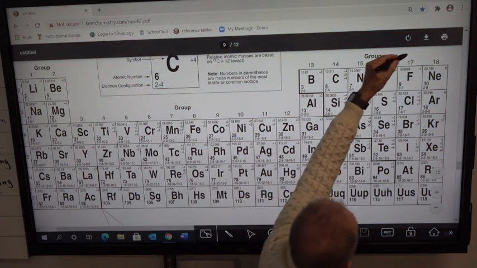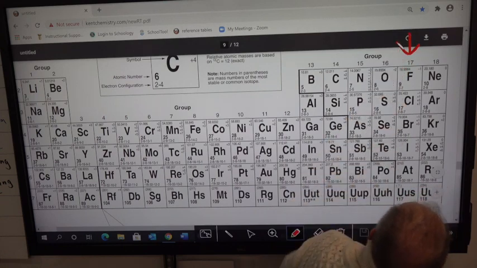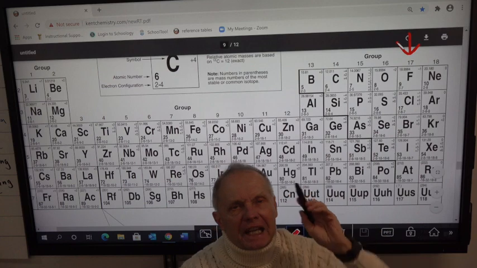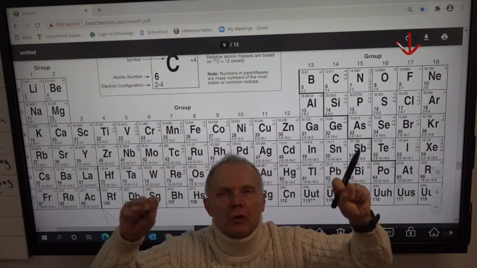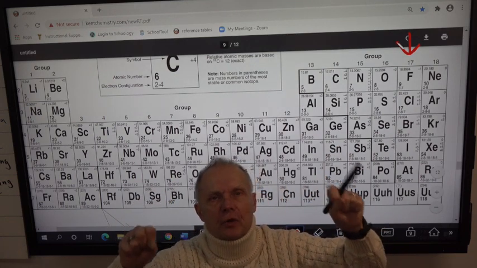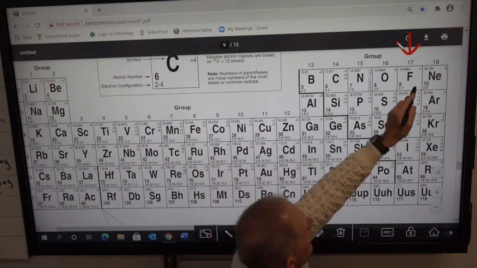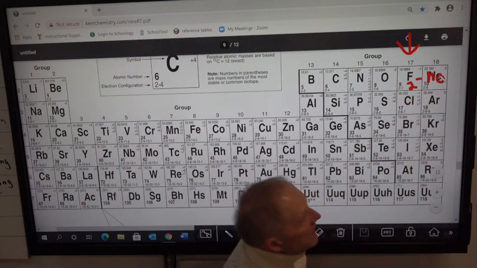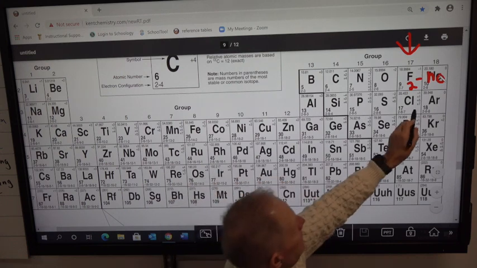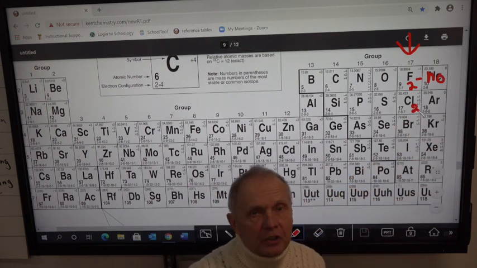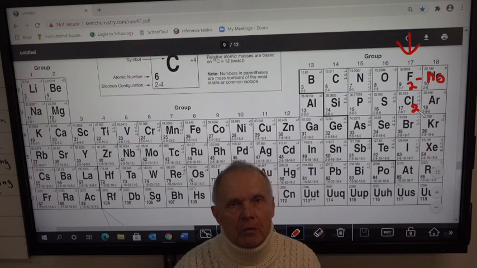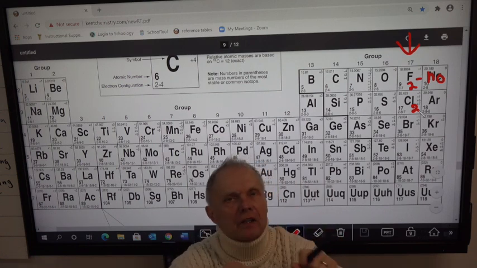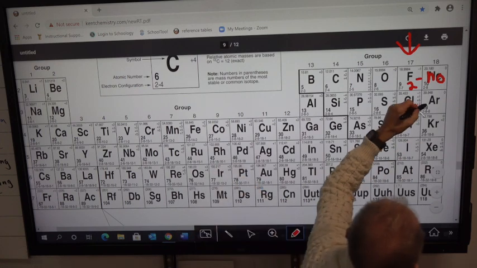Group 17, right here. We have fluorine gas. If it's a gas, the molecules are too far apart to have van der Waals forces between them. So, F2, no VDF. Cl2. Cl2 is a denser gas, but it's still a gas. The molecules are too far apart to attract, so no VDF.